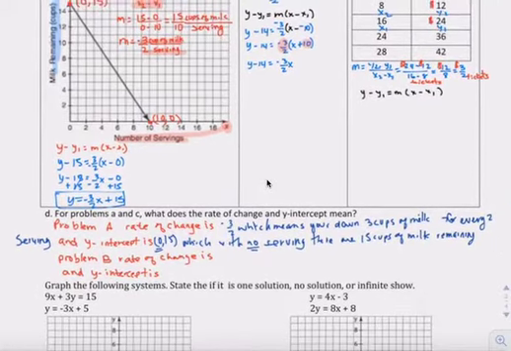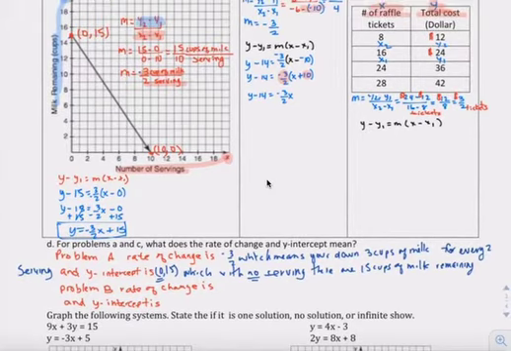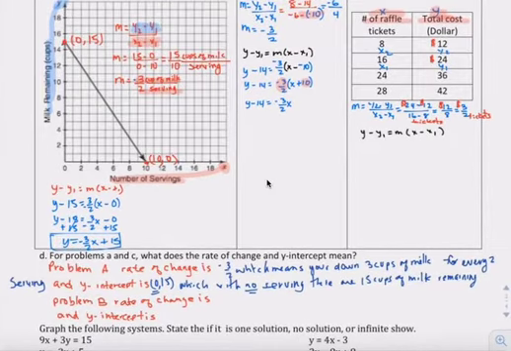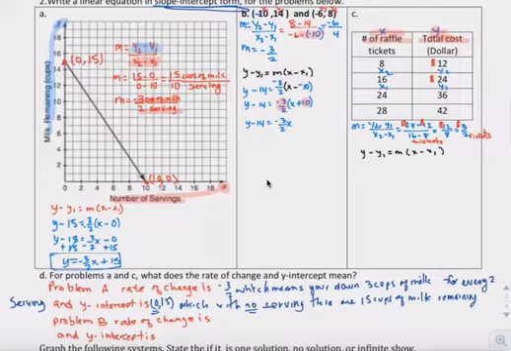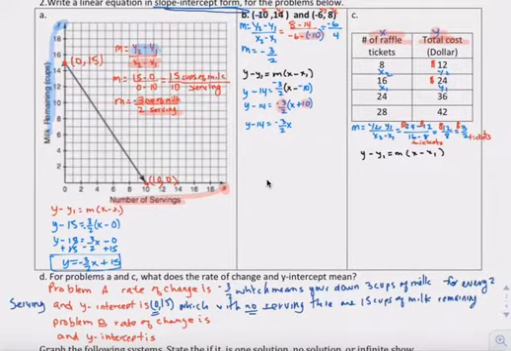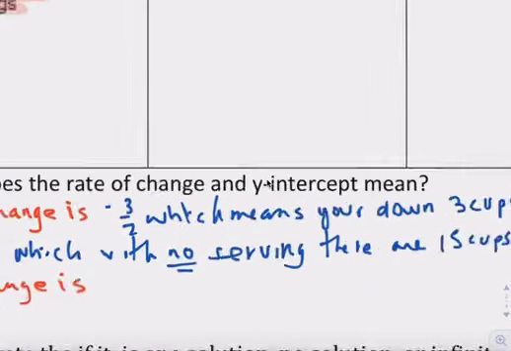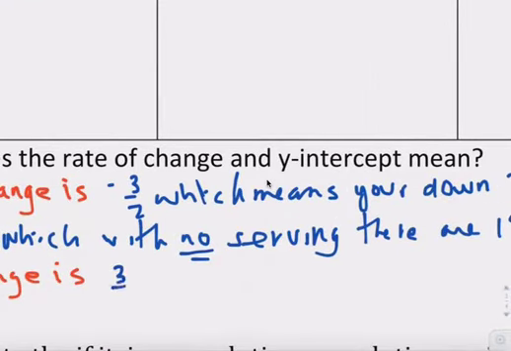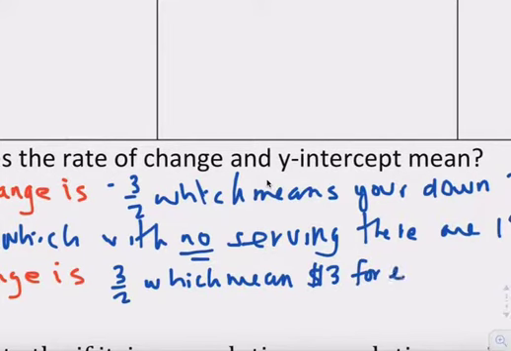Problem B, rate of change is problem C. They don't want problem B. They want problem C. The rate of change is $3 for every 2 tickets. 3 over 2, which means $3 for every 2 tickets.